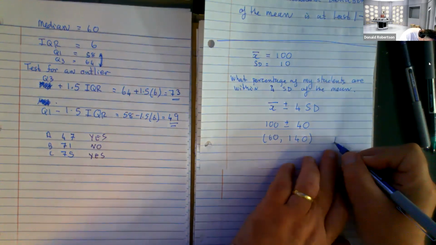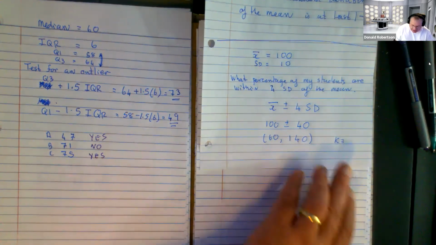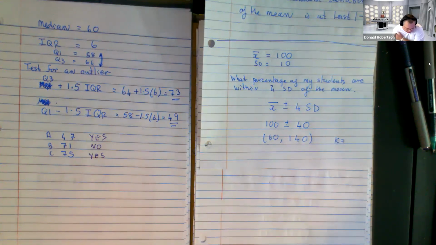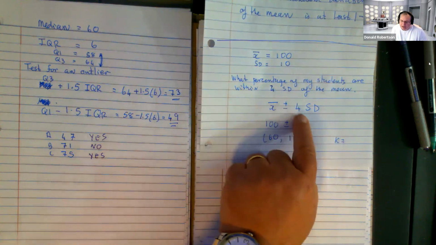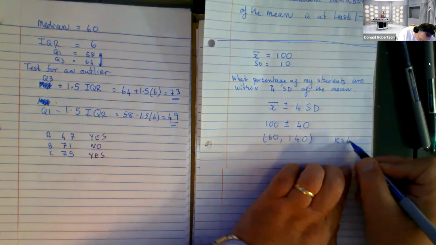So we need to know what k is. In my story, k represents how many standard deviations away from the mean you are. In this case it was 4, right? So k is 4.